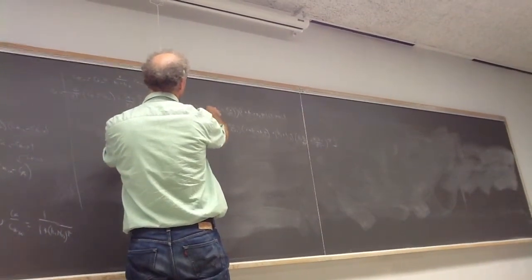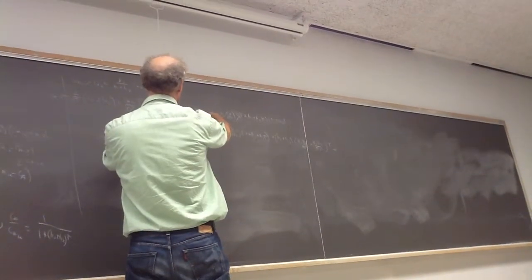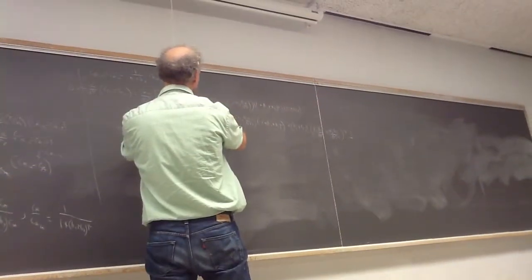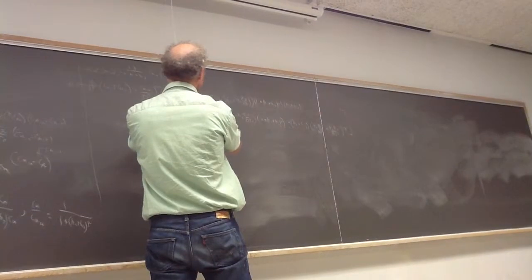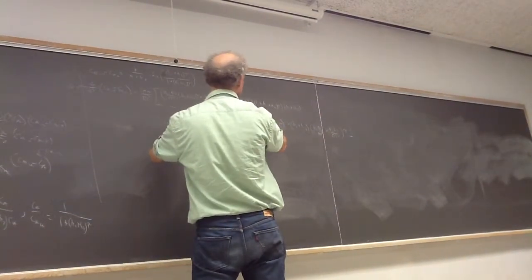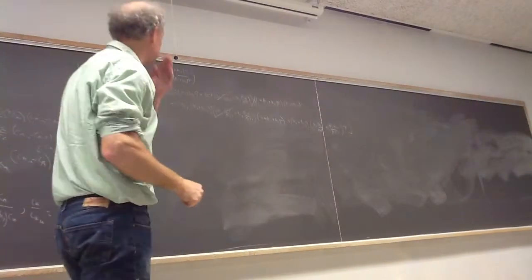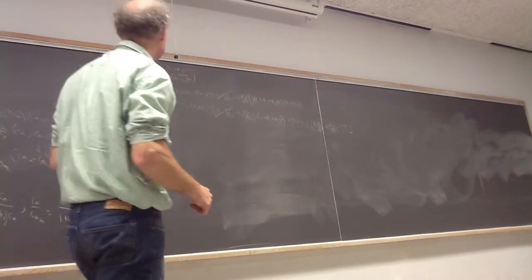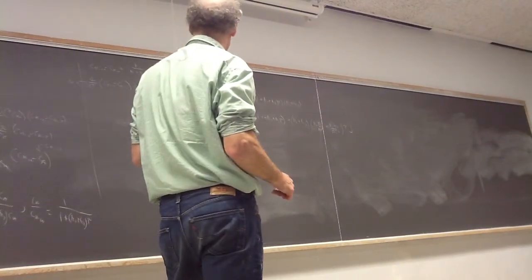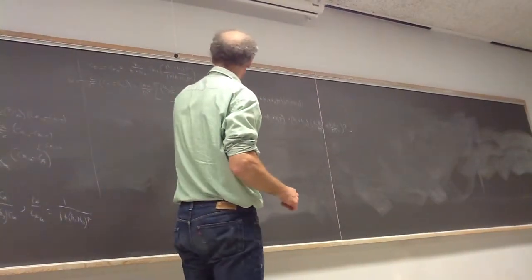So K1 E1 over RT squared times K1 tau, times (K1 plus K2) times this. So this term is the same as this term, so those cancel. And it looks like this term is also going to cancel.